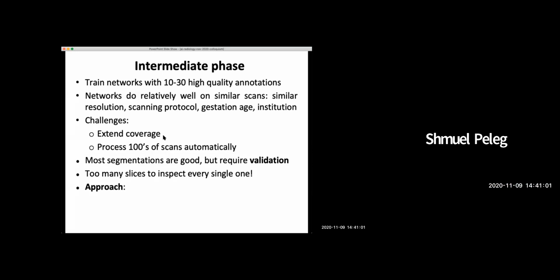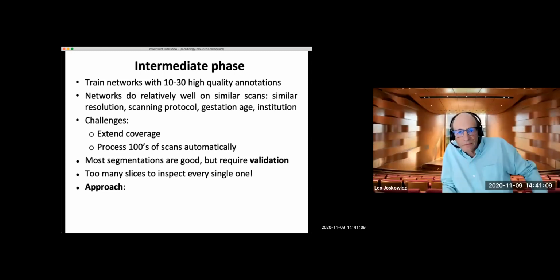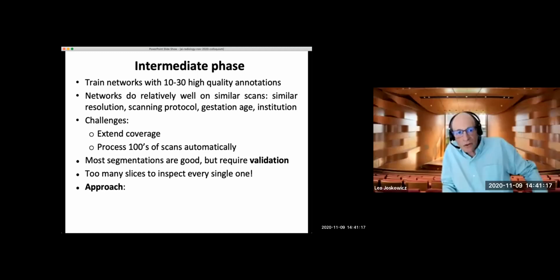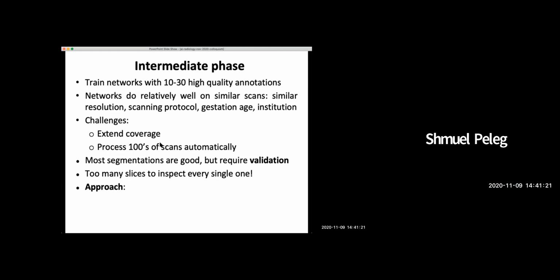Can I ask you, Leo, can I ask a question? You mentioned something about dependency on the scanning protocol. Does it mean it also depends on the machine that does the scanning or the hospital? Absolutely. So your narrowness is really narrow, because it's a very specific device and specific protocol.